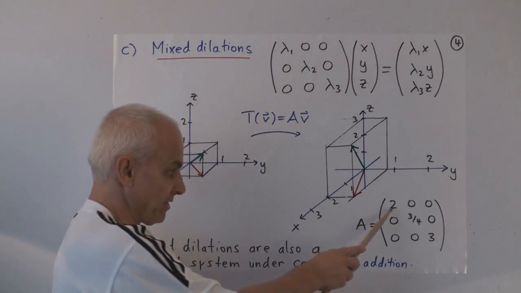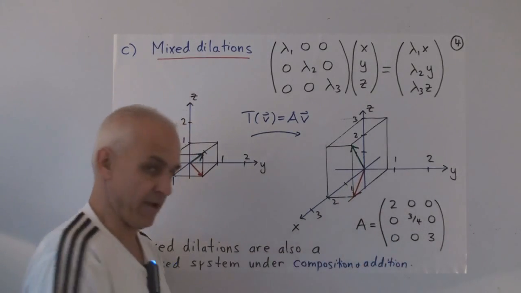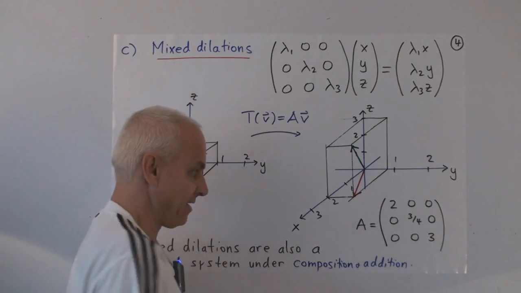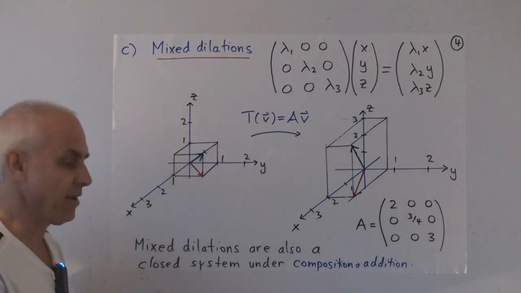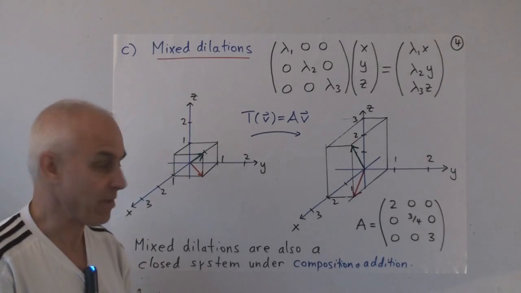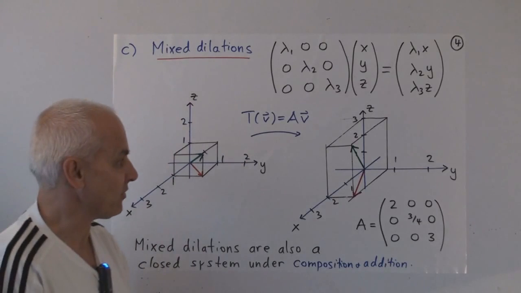This matrix scales the x component by a factor of 2, scales the y component by a factor of 3/4, makes it a little bit shorter, and scales the z component by a factor of 3. So the box is elongated by a factor of 2 in that direction, squished a little bit in the y direction by a factor of 3/4, and stretched in the z-axis by a factor of 3.